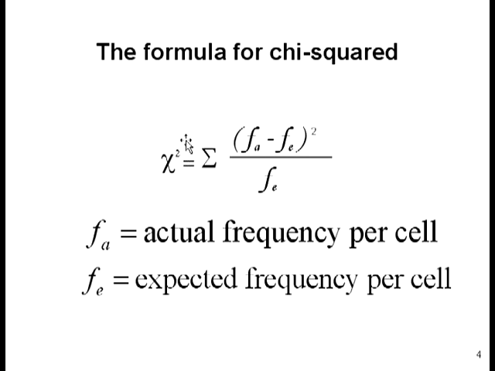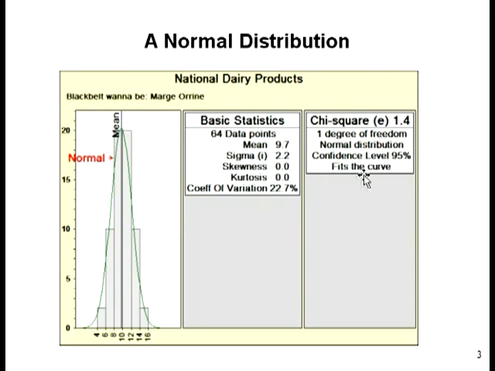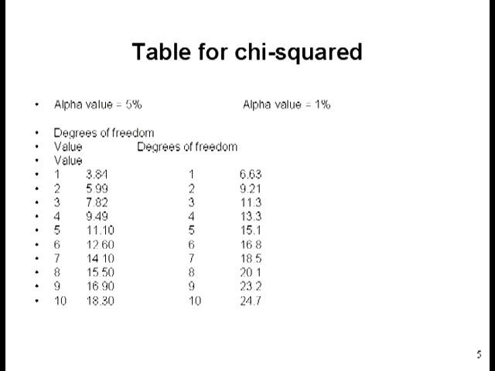What's a small number? Well, let's go back for a second and now see how Chart Runner works. The actual chi-square value calculated for that particular distribution was 1.4. It also tells us it's 1 degree of freedom. Now that's a combination of cell size and sample size, and again, that's in the manual. But let me just at least show you what the SQCPAC and Chart Runner does.